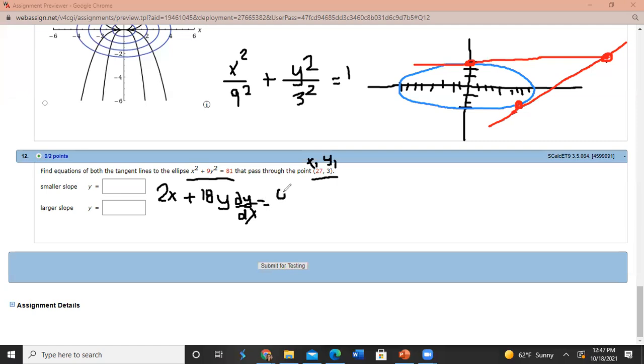Okay, so I take the derivative of both sides, and I also don't forget that when I'm finding the derivative of y with respect to x, I include the dy dx. Okay, so I'm going to solve for dy dx, solve for my derivative with respect to x by subtracting 2x and then dividing by 18y. So it'll be negative 2x divided by 18y, which I could simplify a little bit. And this is the same thing as negative x over 9y.